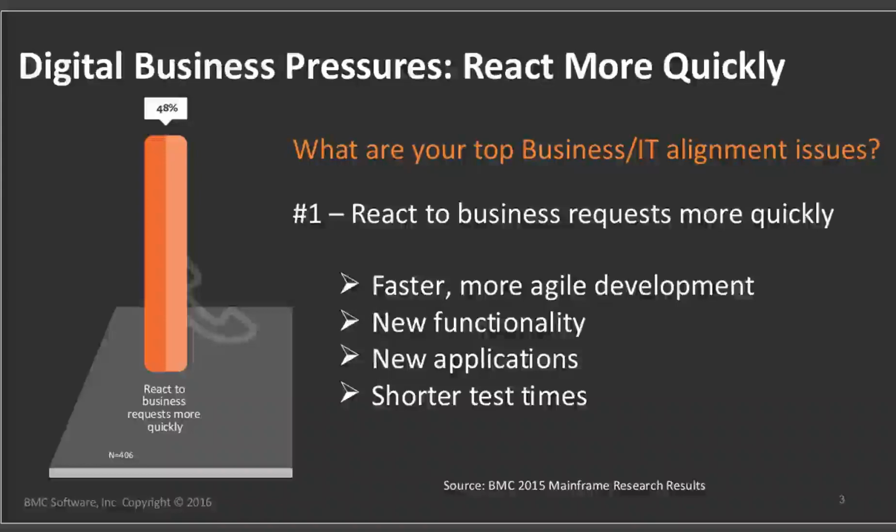So if you think about what that means, on the application development side, it means they're being asked to do faster development and to be more agile in the development. And they're being asked to deliver a combination of new functionality to existing applications and new applications.